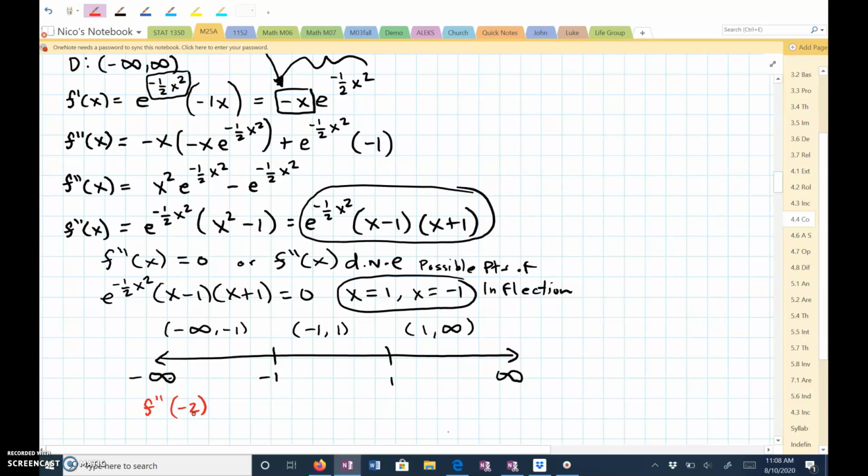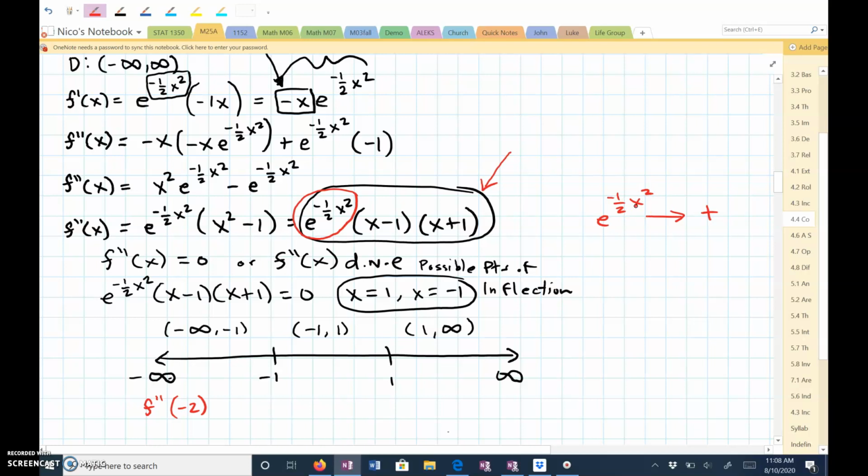So when I plug negative 2 into here, no matter what I plug into there, this is always going to be positive, because that squared is always positive.